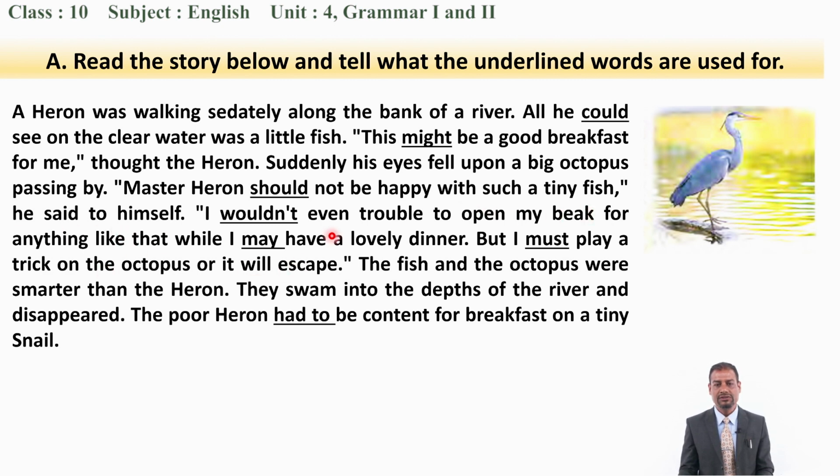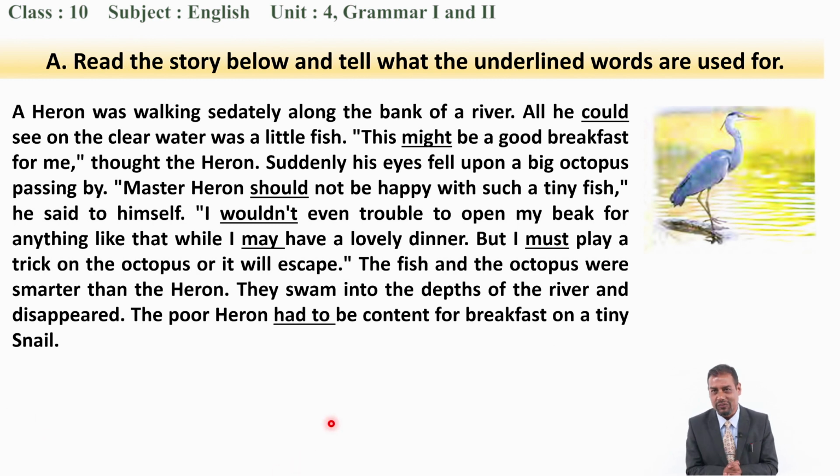I wouldn't even trouble to open my beak for anything like that while I may have a lovely dinner. But I must play a trick on the octopus or it will escape. The fish and the octopus were smarter than the heron. They swam into the depths of the river and disappeared. The poor heron had to be content for breakfast on a tiny snail.